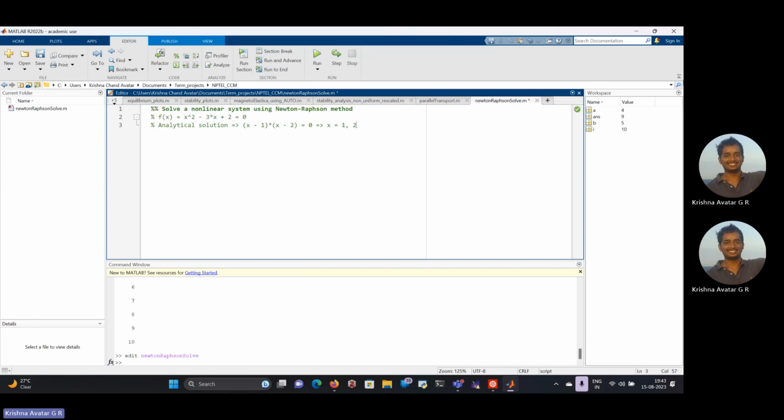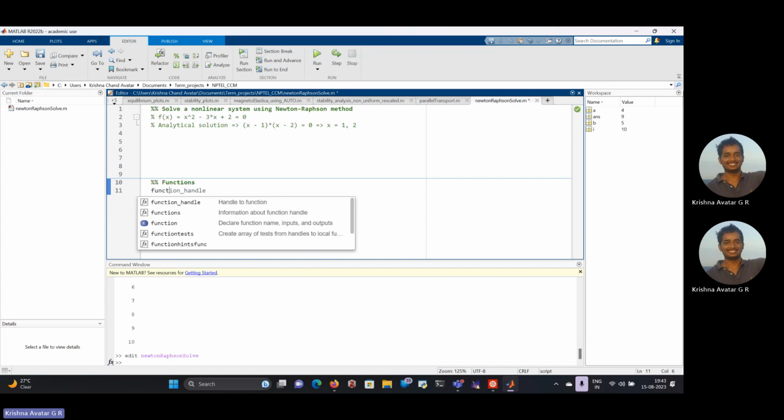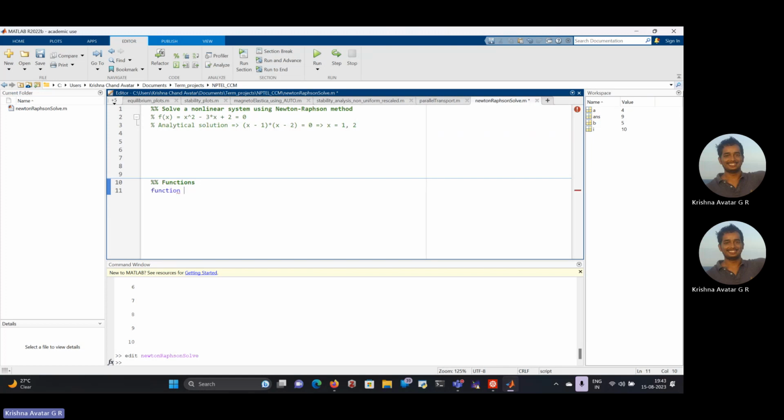Okay. So what we do is let me set up the problem. At first, let me define something called a function. I'll just define functions. So let me have two functions. This is how we define a function in MATLAB. So function, say I want just the value f.